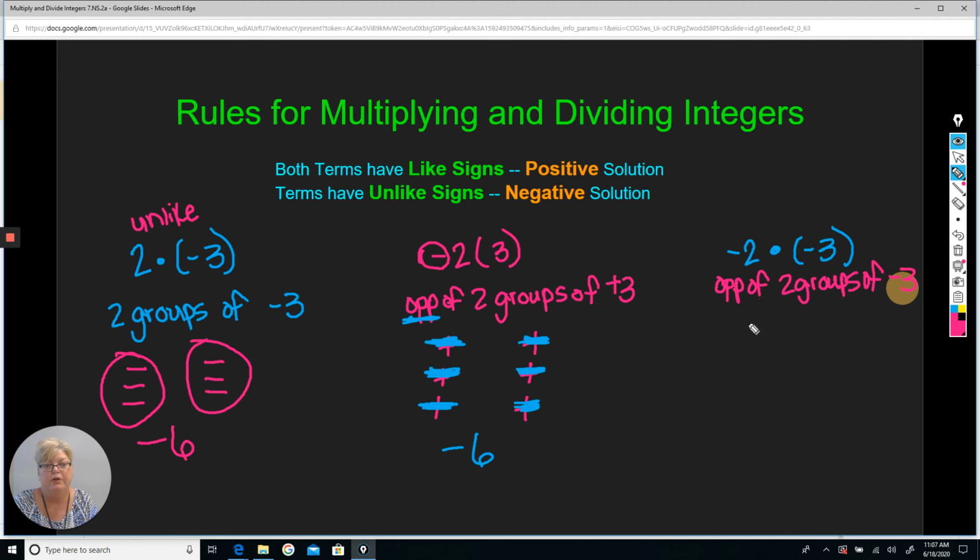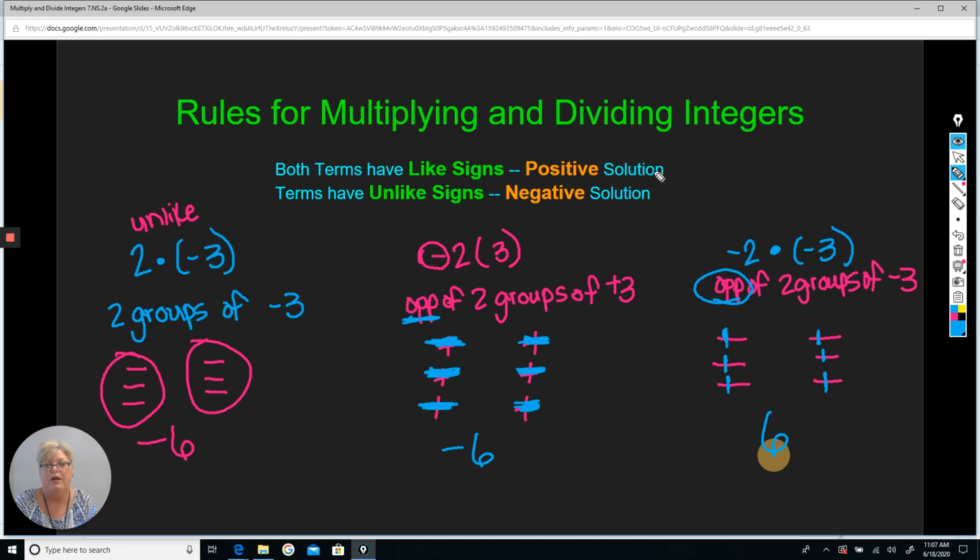So I'm going to do two groups of -3, 1, 2, 3, 1, 2, 3. So that's two groups of -3. But remember, it says the what? Opposite. So I'm going to change every one of these negatives into a positive, because it says the opposite of two groups of -3. And so that gives me 6 positives.